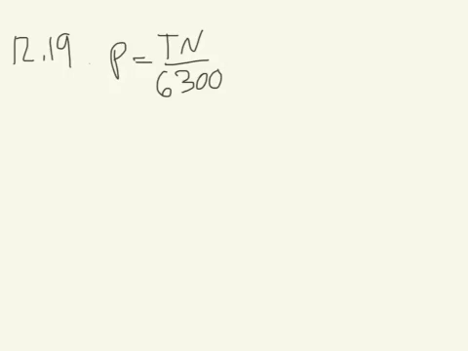And the N is given already. We want to know what horsepower the shaft can deliver at 1750 RPM, and conveniently it's already in the right units, rotations per minute. So that's N. That means we just need to figure out the torque.